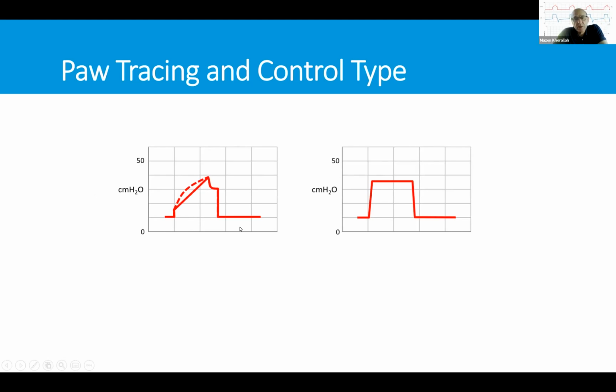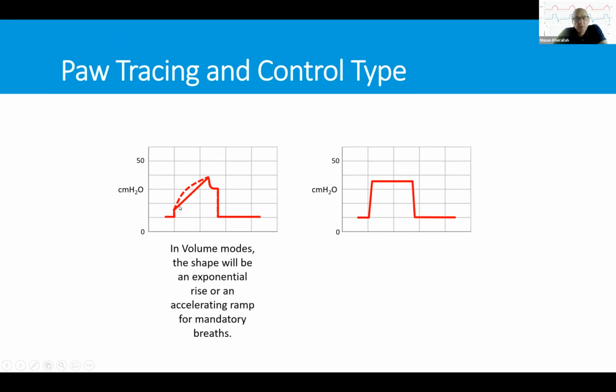So if you take a look at these two different pressure waves or pressure tracings, you can see that on the left side, the pressure goes up gradually to the peak inspiratory pressure, and then you put a hold in the system, it goes down to the plateau. This is volume modes of ventilation.